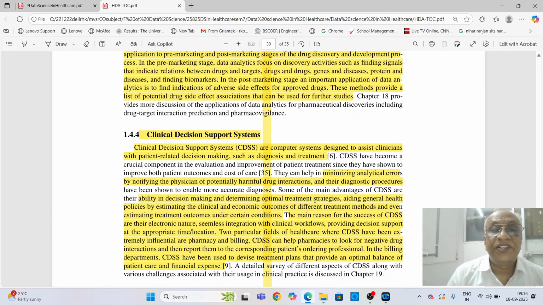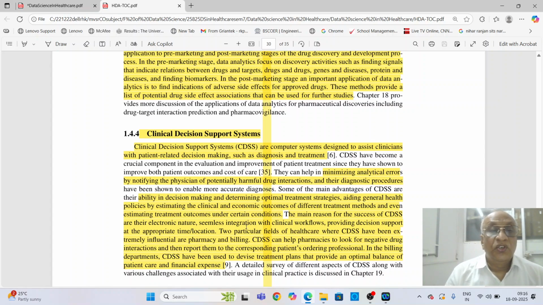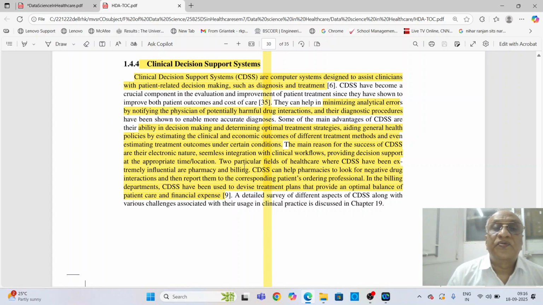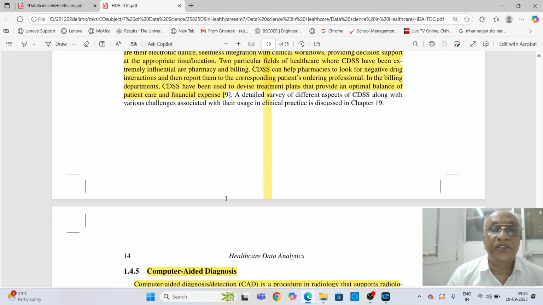Why is CDSS successful? Because they're electronic, they're seamlessly integrated into clinical workflow, and they provide decision support at the appropriate time and location. So the two major areas of utility of CDSS are pharmacy and billing. It helps the pharmacist look for negative drug interactions and report them to the corresponding patients. In the billing department, CDSS have been used to devise treatment plans that can provide an optimal balance of patient care and financial expenses.